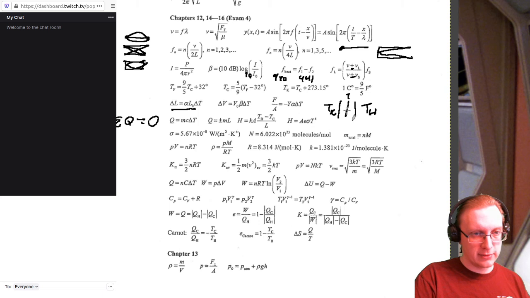And then from that you can solve for the T in the middle. Basically you have a T hot, and you have 2 copies of this, where for one side TC is the T in the middle, and for the other side TH is the T in the middle, but they're equal to each other.